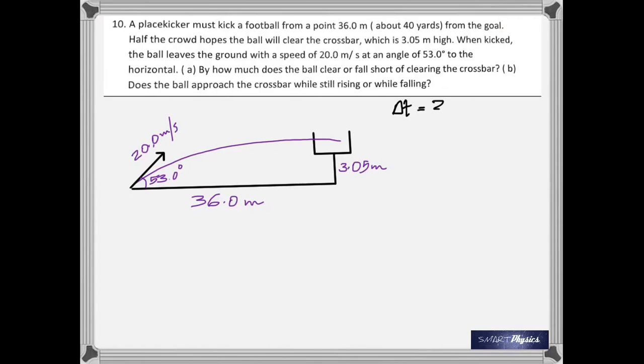So first let's find the time taken for the ball to move 36 meters along the horizontal. What do we know about the horizontal component of the velocity? That it never changes. Yes, so to find the time, you just got to divide 36 meters divided by v0x, which is 20 cos 53, because time is displacement by velocity.